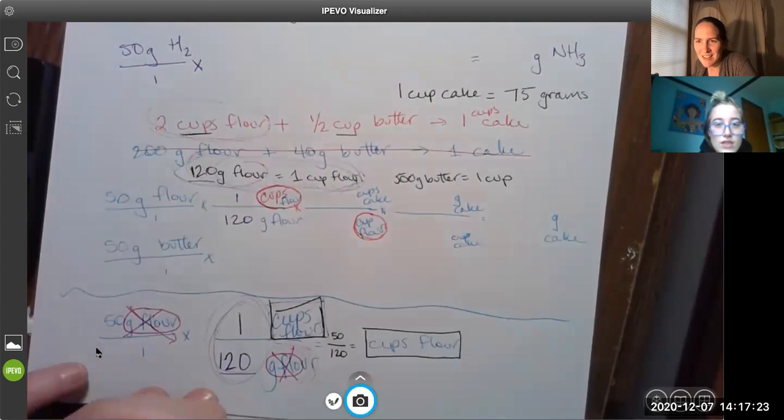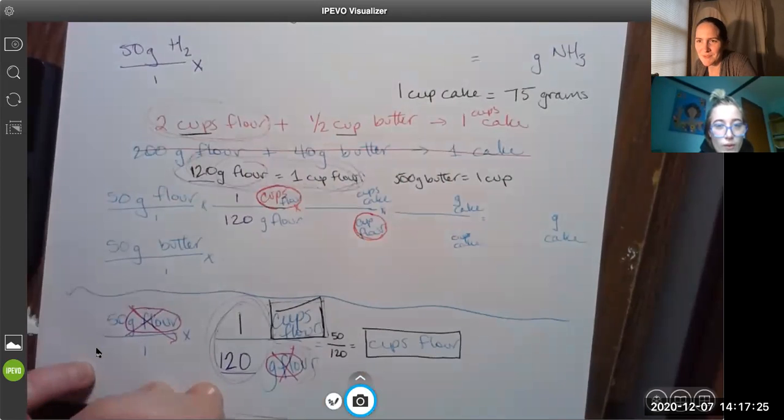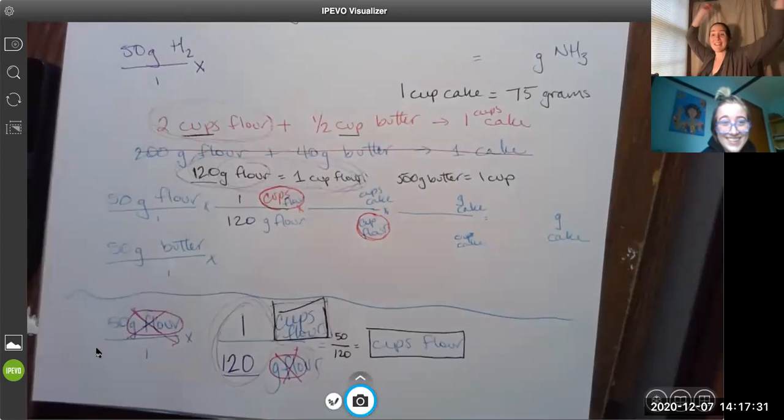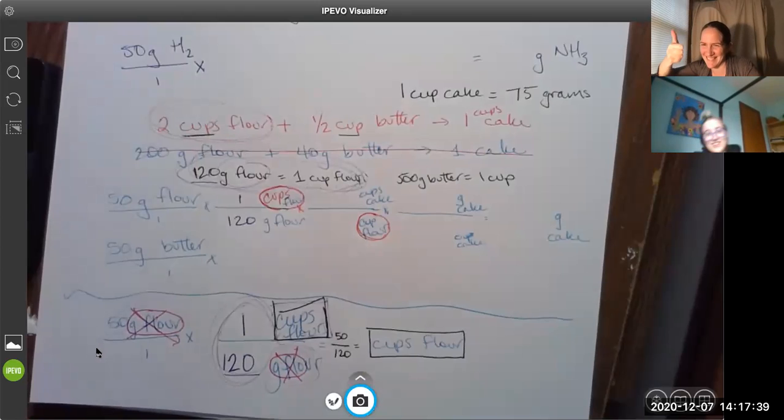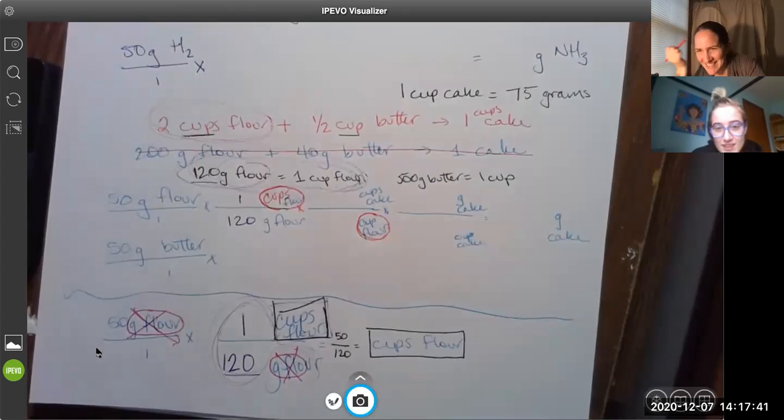Would it be 2 cups flour to 1 cup cake? Because that's just the recipe. That's exactly it. Yes. It is the recipe, and it's just right from the recipe into the thing.